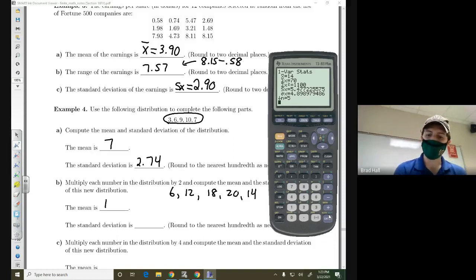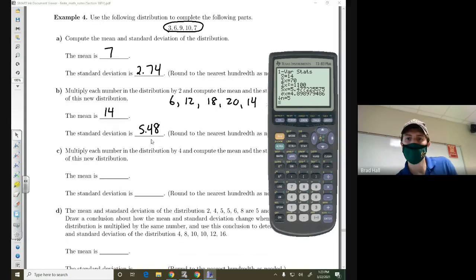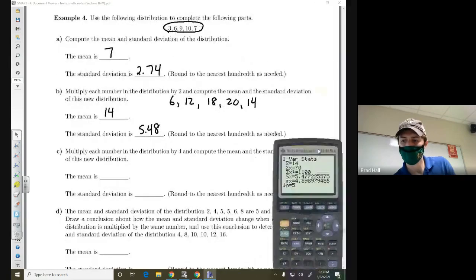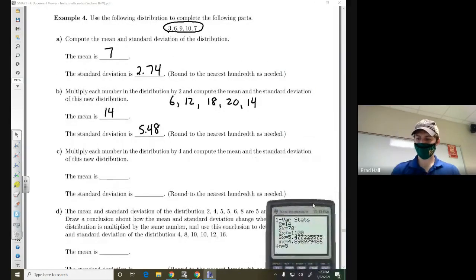And so we get 14 for the mean, and a standard deviation of 5.408 to the nearest 100. Okay.